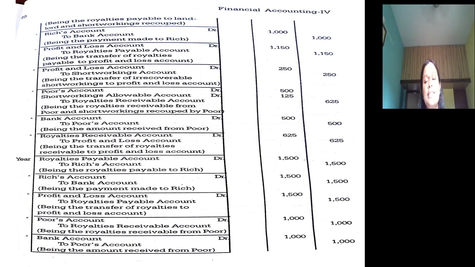So to royalty receivable totally 625. He will receive cash from the sublessee: bank account debit to sublessee's account 625. Royalty receivable should be closed by transferring it to profit and loss account, so to profit and loss account 625.